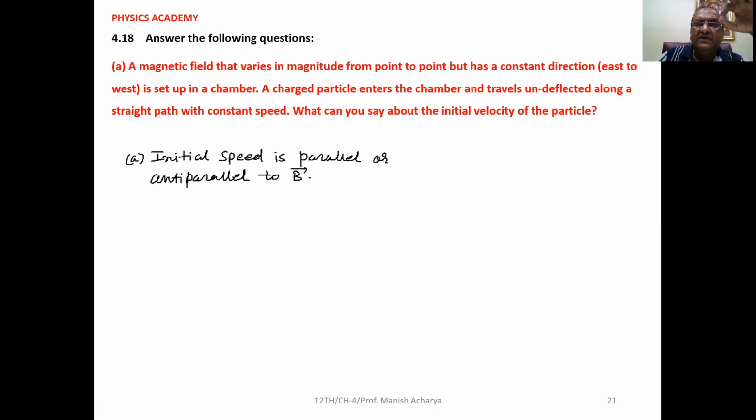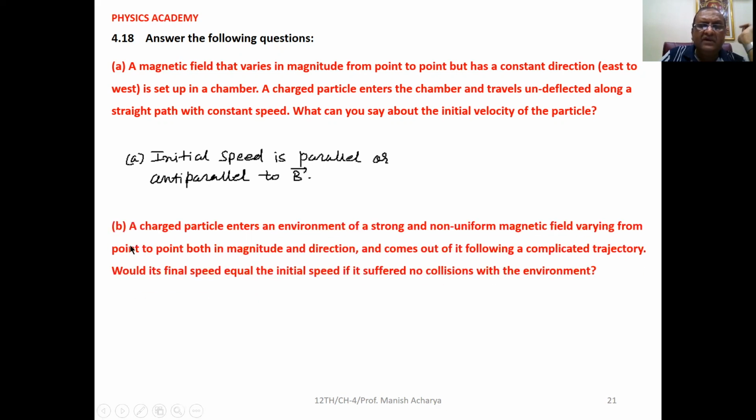If the velocity and magnetic field are either parallel or anti-parallel, then theta will be either 0 or pi. In that case, the force will be 0 and the particle will move undeflected. So we can say the initial velocity should be parallel or anti-parallel to B.